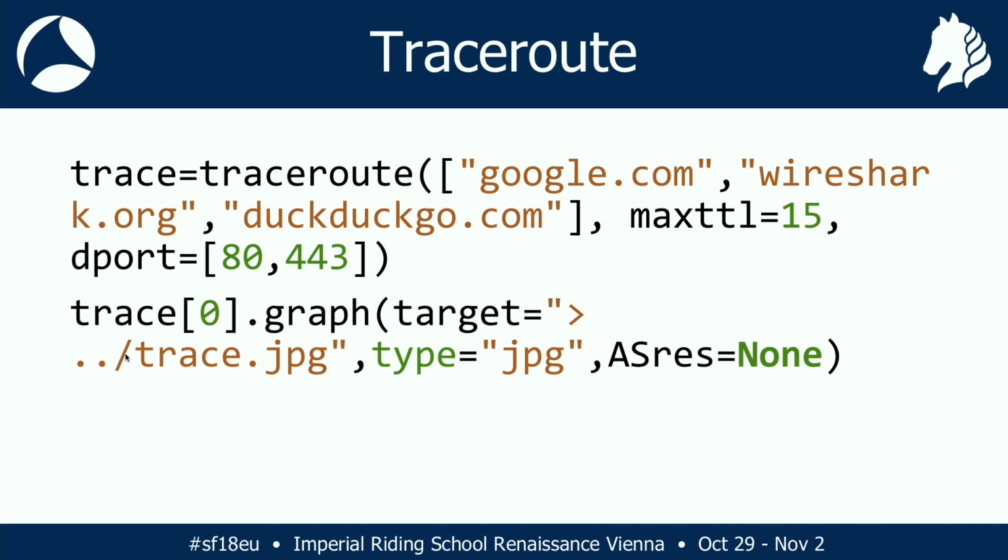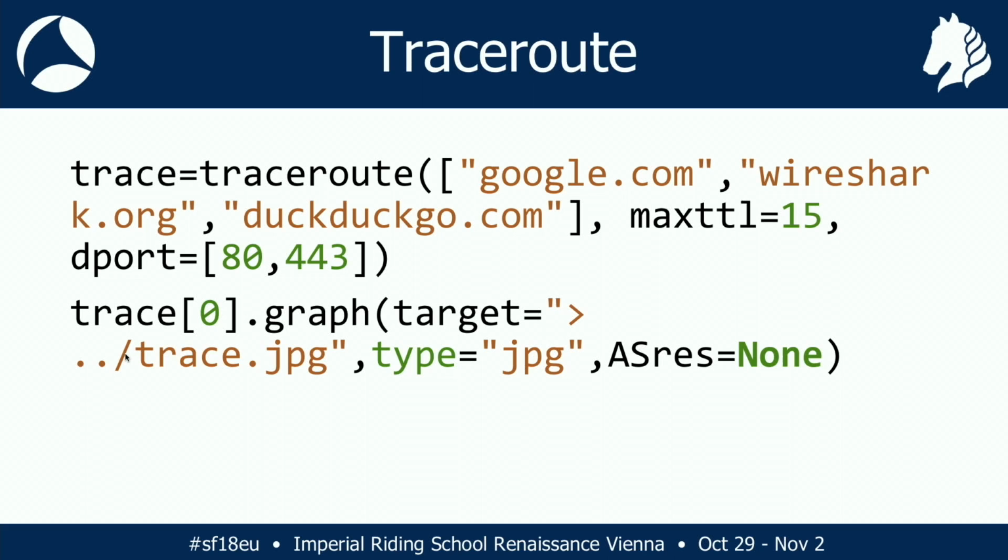One use case which is implemented in Scapy is a traceroute, and it's similar to a normal traceroute, but it's acting a little differently. We can specify multiple destinations. For example, here we have Google.com, Wireshark.org, DuckDuckGo.com. The TTL, so how many hops we want to test, is 15, and we have 2 destination ports.